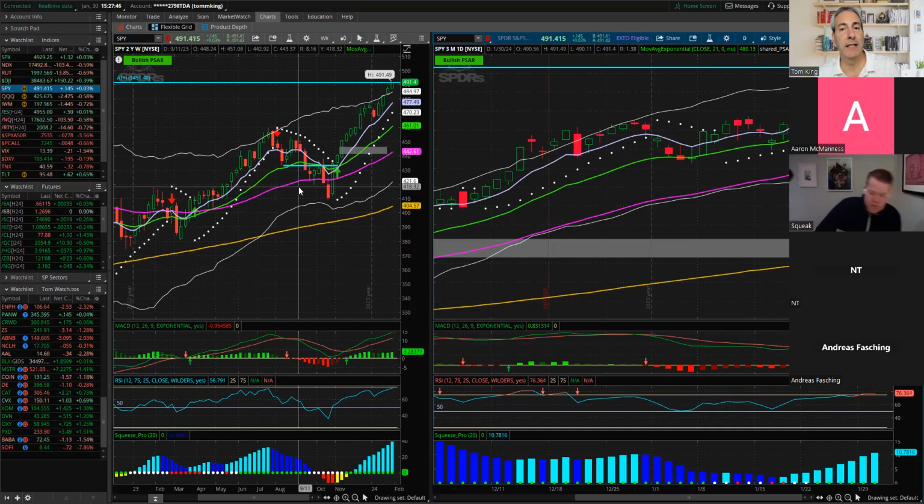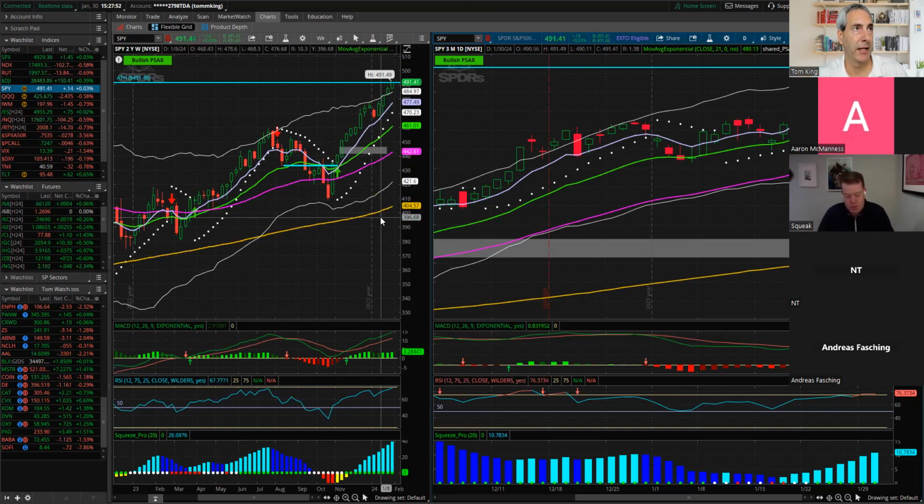I kind of like moving the PDS up, but I don't really want to give up because I think we could pull back, but I'm not looking for a gigantic event down here, some kind of black swan. We're in a bullish market. I would expect a pullback. If we pull back and then start to bounce again, that's a pretty good sign: higher high, higher low, higher high, higher low, higher high, and then hopefully a higher low.